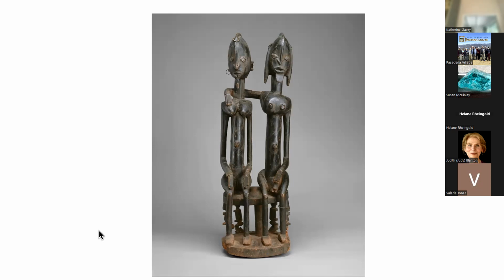What might that indicate? Status. Bingo. They're important. And this couple is considered the first couple, just like our Adam and Eve. We have to understand African art because it's magical. It's a magical intermediary between the spirits, the ancestors, and the living people.